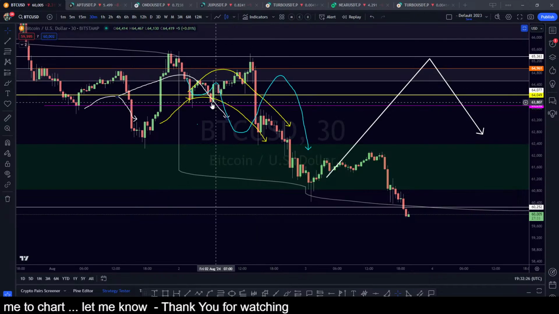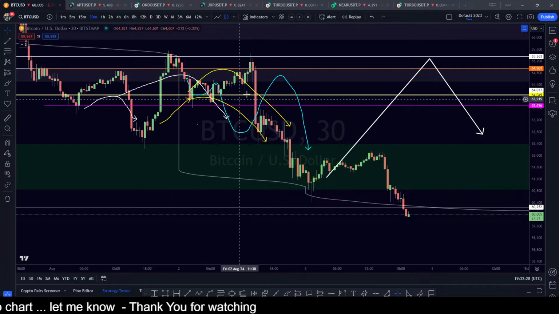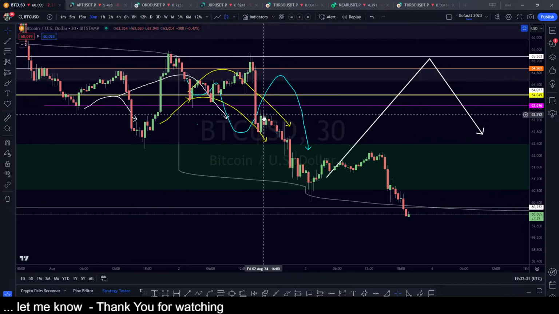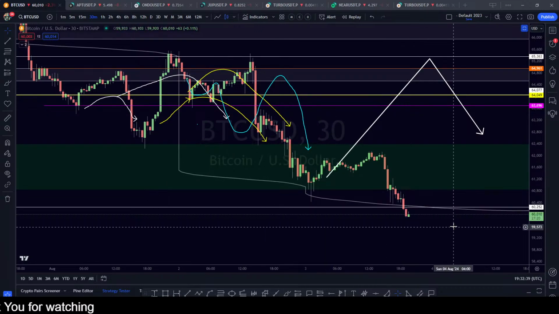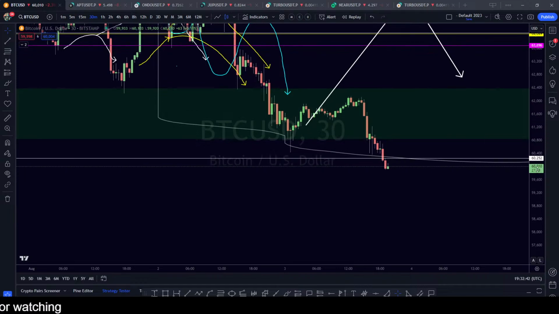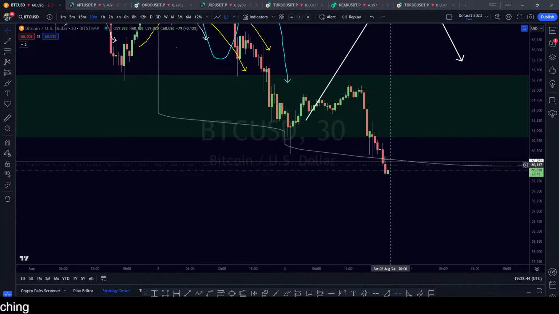Then it broke this level, support, and it came further down, came back up, started coming down again. So just to give you a heads up, guys, we're always looking at this stuff. Right now it broke below this, and here is our key level of 60.252. It currently broke below it.